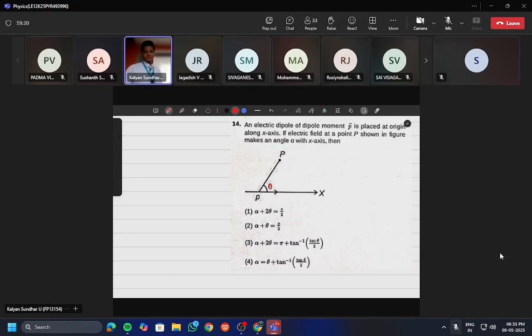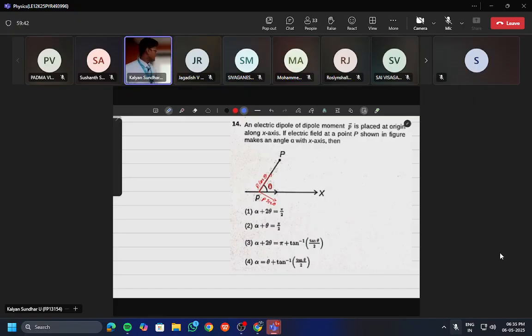Option 3 also. Check. Am I right? So these are your two dipoles.